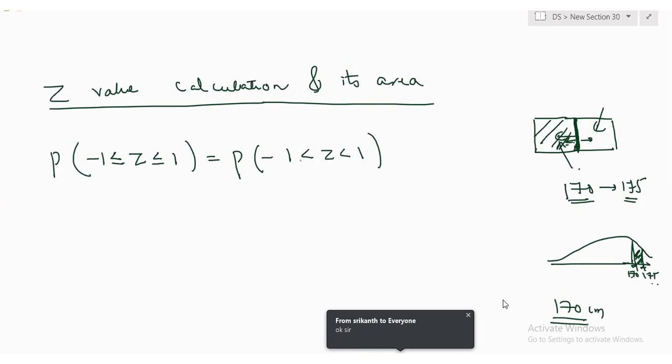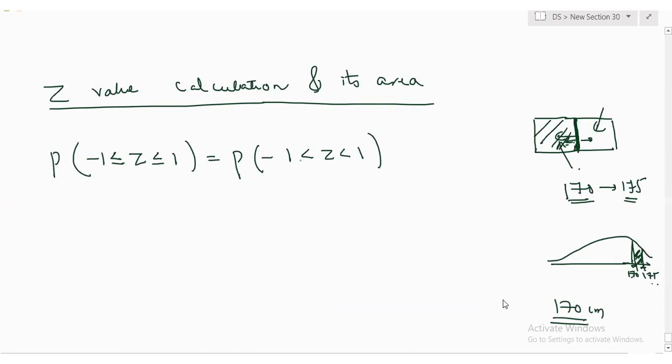But in case of 170 centimeters, I'm not sure it is a 170 or something else. So equality doesn't make any sense. Keeping equality, don't keep the equality, it doesn't make any sense. So both are equal. That's what I'm trying to say. It's not literally that it doesn't make sense, but what I'm saying is, you keep the equality, not equality, both are the same. Especially in continuous data. All with me? Is this point clear, guys?